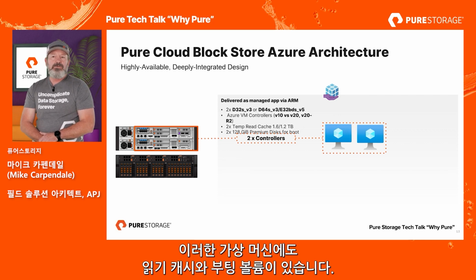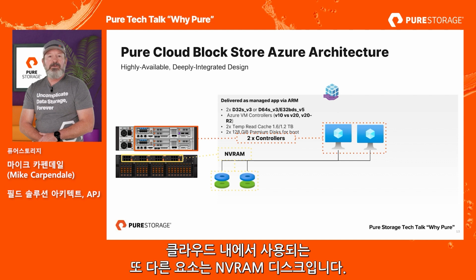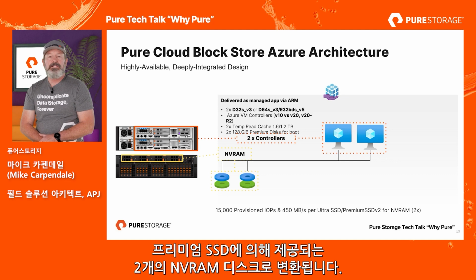These virtual machines also have read cache as well as a boot volume. The other aspect that we use inside the cloud is the NVRAM disks. The physical components are translated into two NVRAM disks delivered via either Ultra SSDs or Premium SSDs attached into our controller virtual machines.